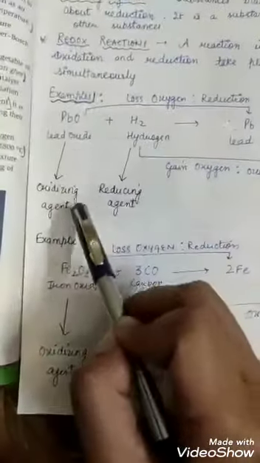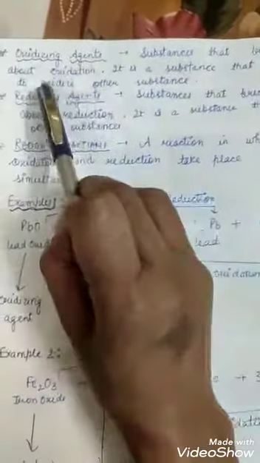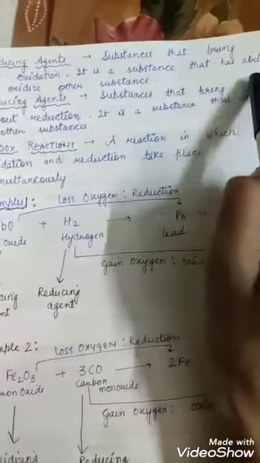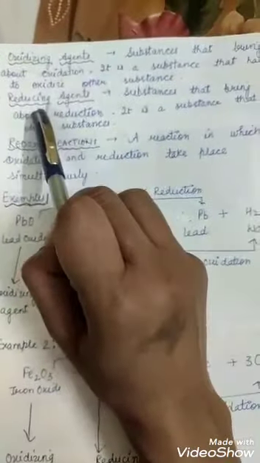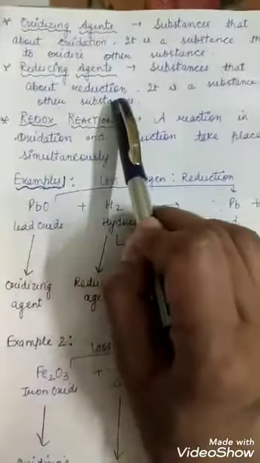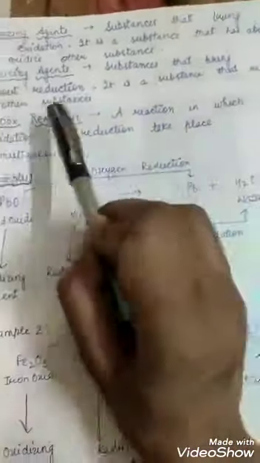Now what are these oxidizing agents and reducing agents? I will tell you. Oxidizing agents are substances that bring about oxidation, or you can say it is a substance that has the ability to oxidize other substances, whereas reducing agents are the substances that bring about reduction, and it is a substance that reduces other substances.